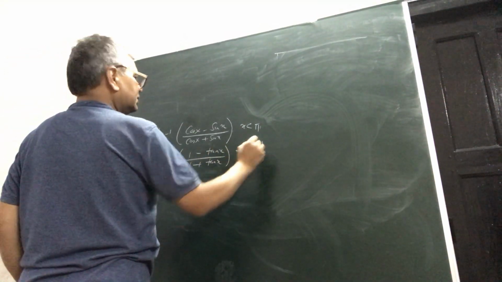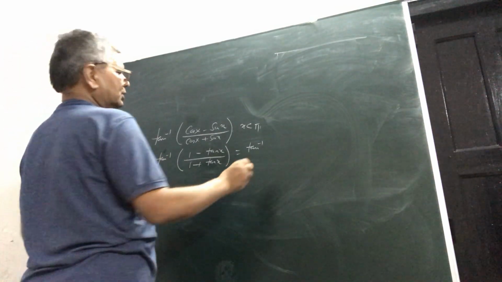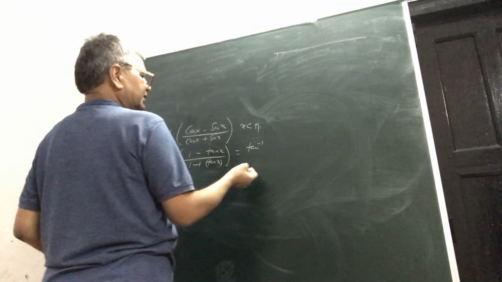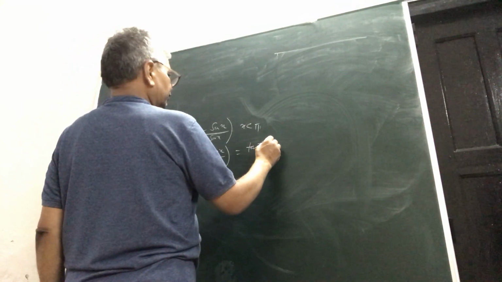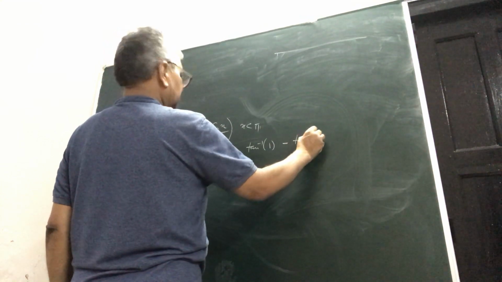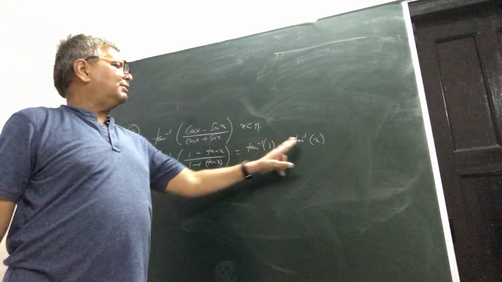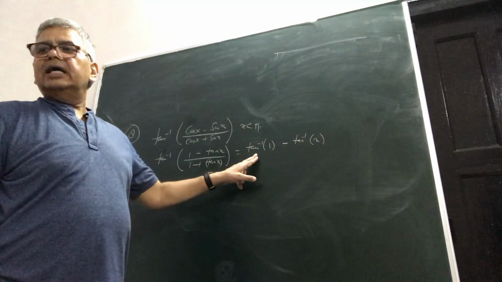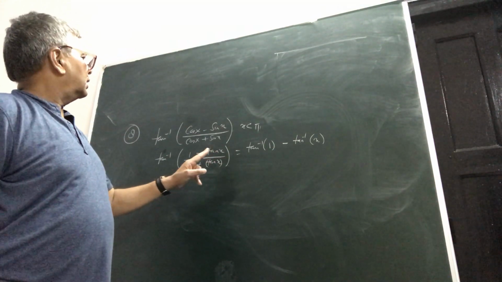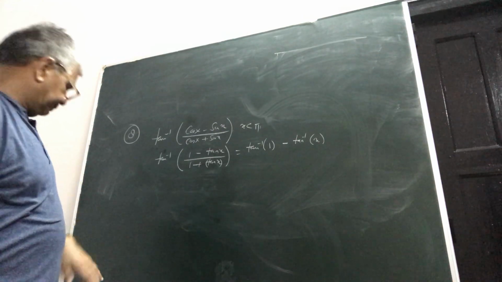So tan inverse, 1 you can always write as tangent pi by 4. Tan inverse x minus tan inverse y is tan inverse x minus y upon 1 plus xy.